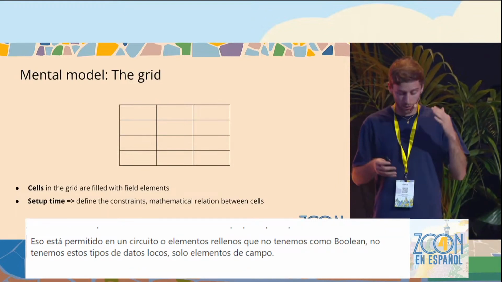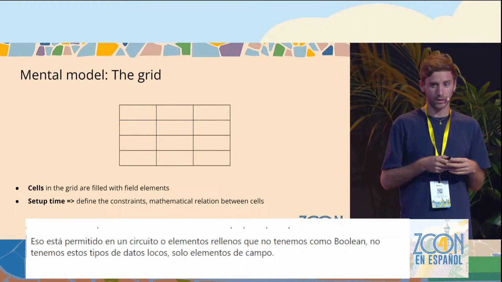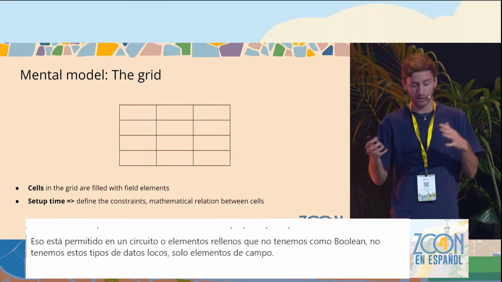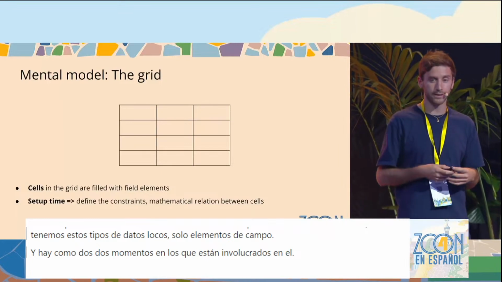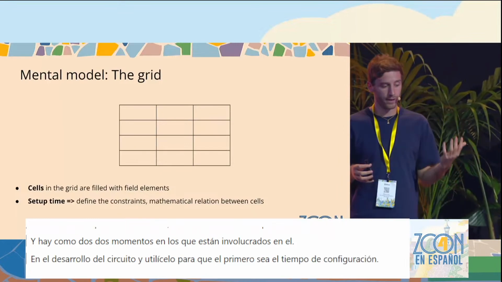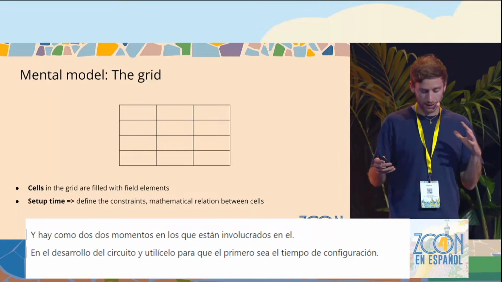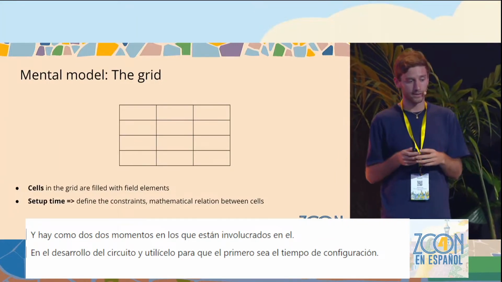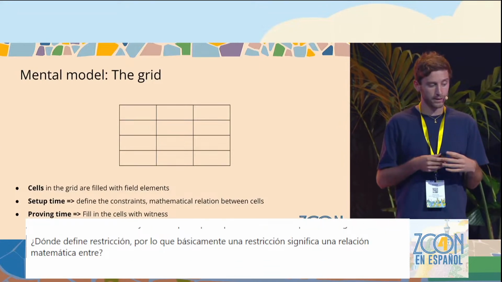There are two moments that are involved in circuit development and usage. The first one is the setup time, where you define constraints. A constraint means a mathematical relation between cells in this grid. The second moment is the proving time.